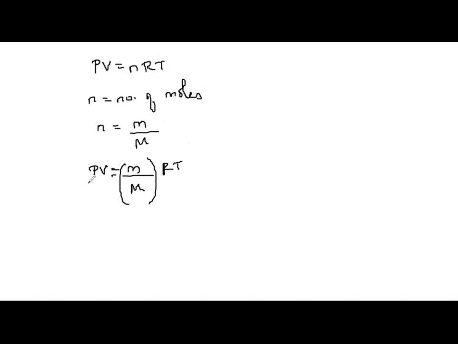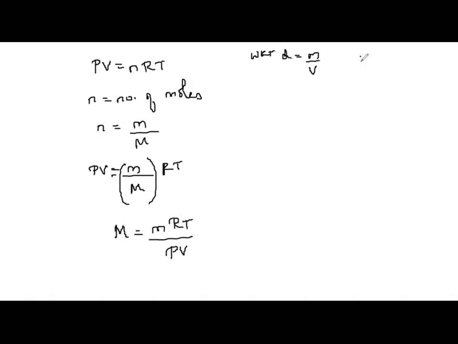I will take M to the other side, so M is equal to mRT upon PV. And what is density? We know that D = M by V, mass by volume.